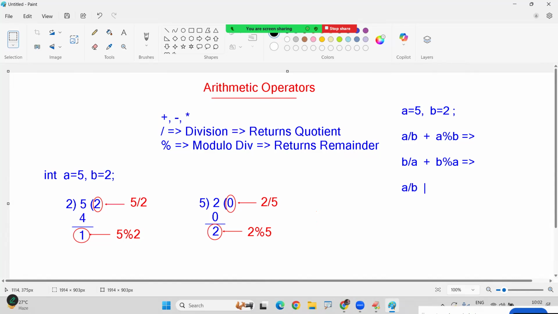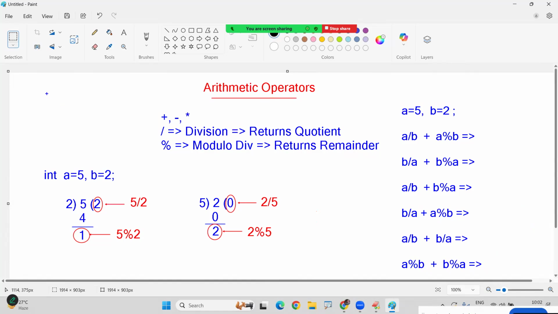Next one is a by b plus b mod a. Next one is b by a plus a mod b. Next one a by b plus b by a. Next one is a mod b plus b mod a. Okay, just write the outputs for all these.